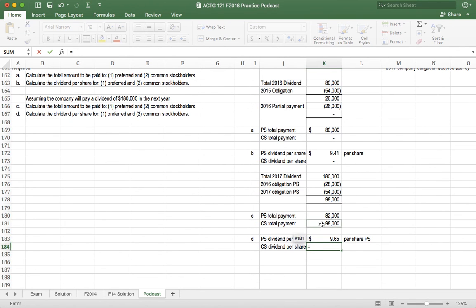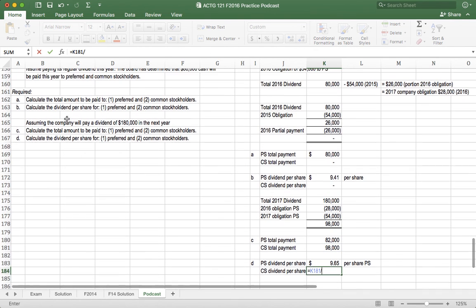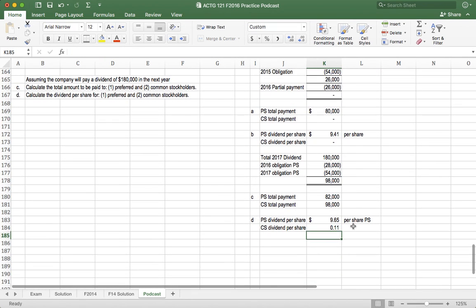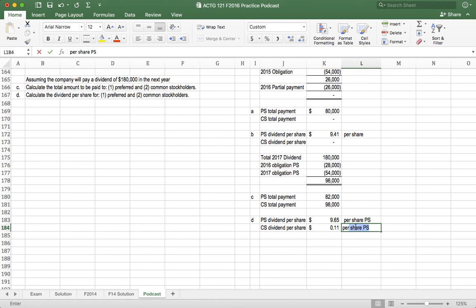For the common stockholders, it's going to be the $98,000 divided by number of shares, 870,000 shares of common stock. So they're going to get approximately 11 cents per share of common stock for their dividend. So that is how you calculate the last problem.